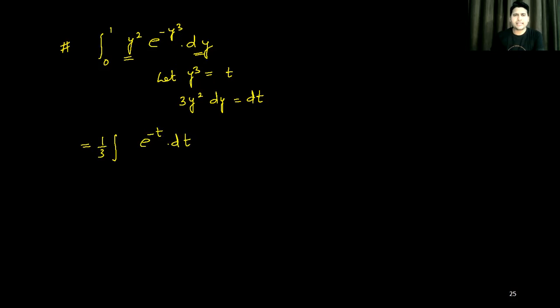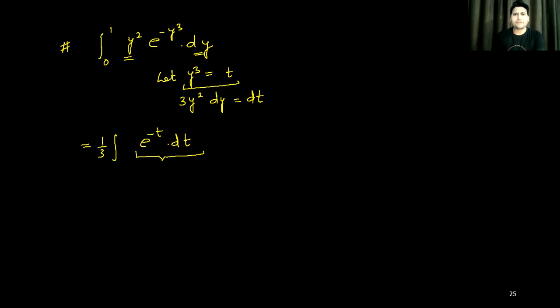Now you can see the integral which seems complicated at an initial level, after changing its variable to another one, looks like an easier one, e to the power minus t into dt.